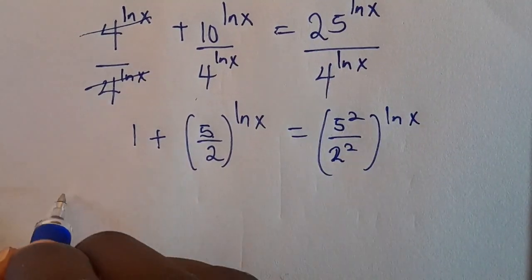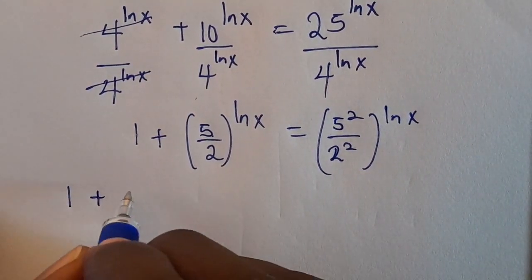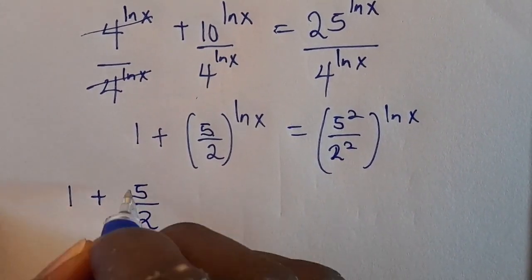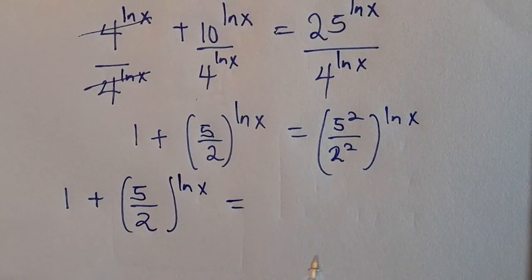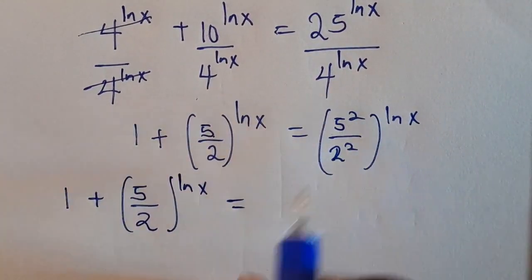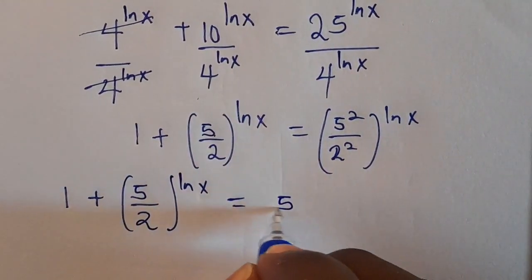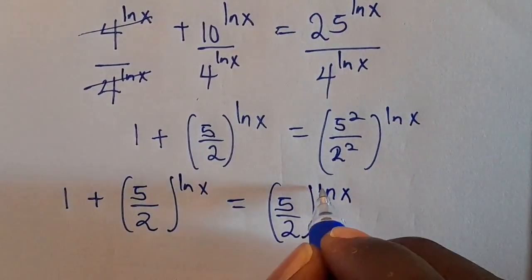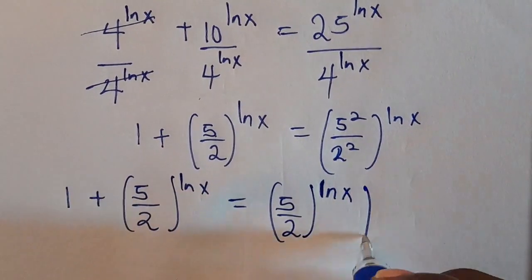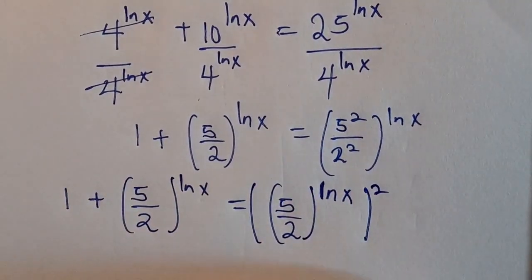So now from here you have 1 plus 5 to the power of 2 ln x equals, so from this we can interchange the power of this as 5 to the power of 2 ln x, then again to the power of what? 2.